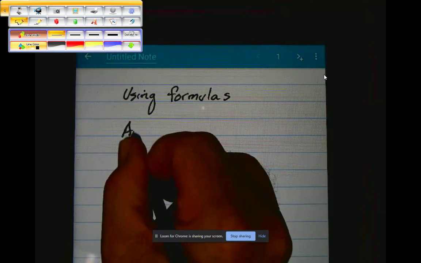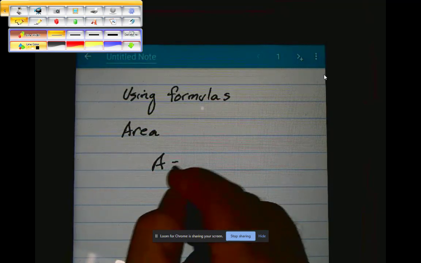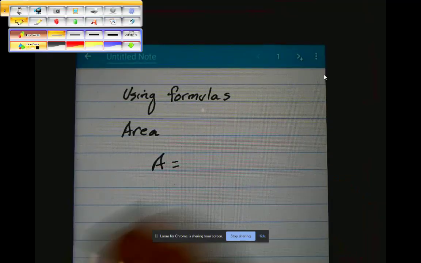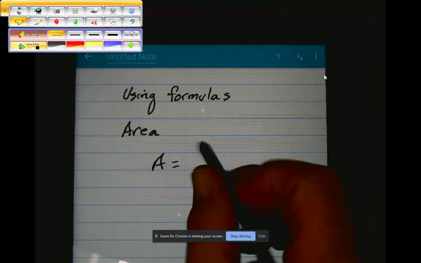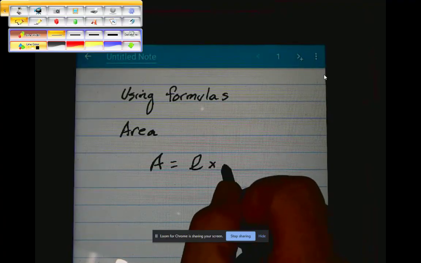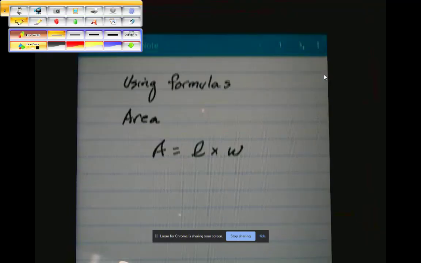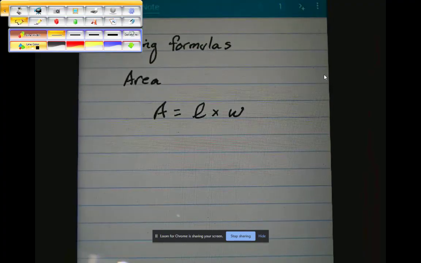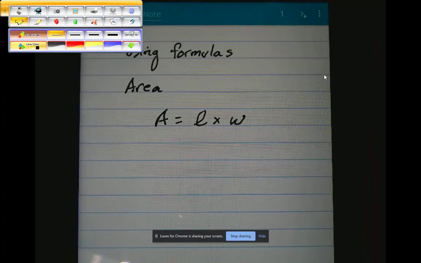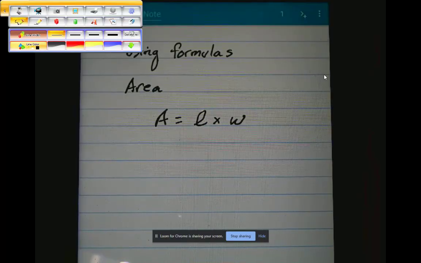Area is a good example of a formula where we say A equals, now we're talking about just the area of say a rectangle. A equals length times width, right, is the formula for the area of a rectangle. And so if I had a length and a width, I could pop them in there and multiply, and I'd have the area.